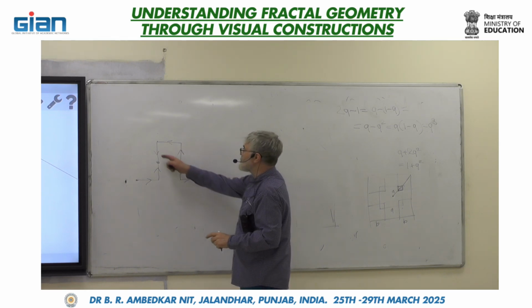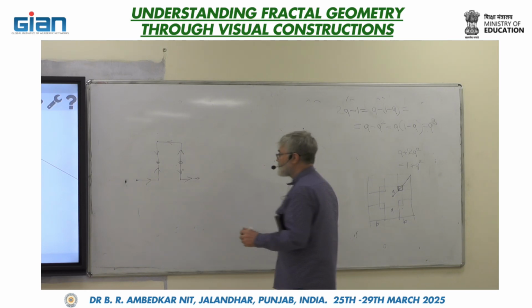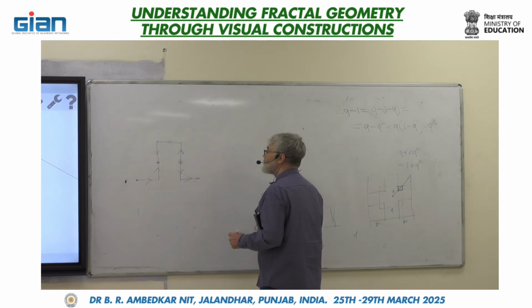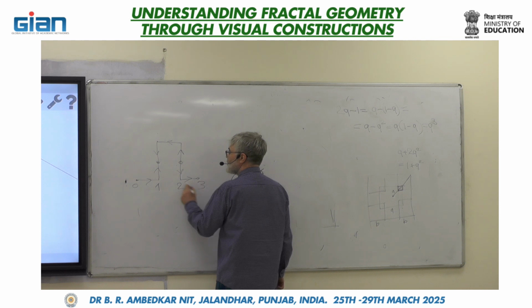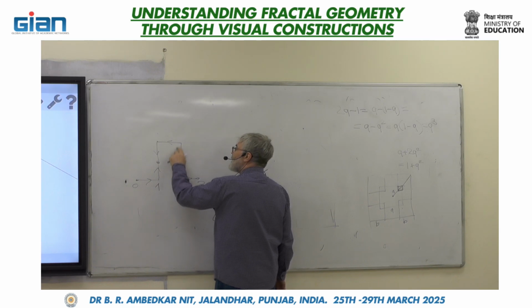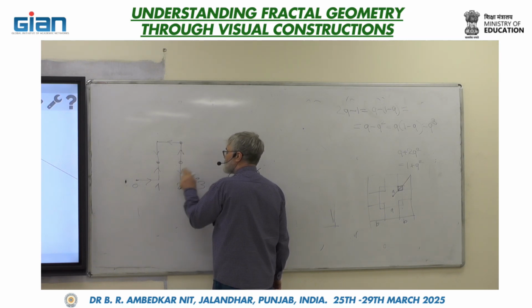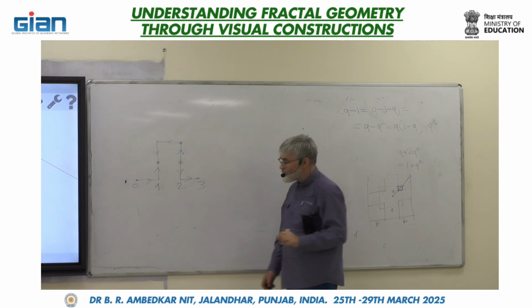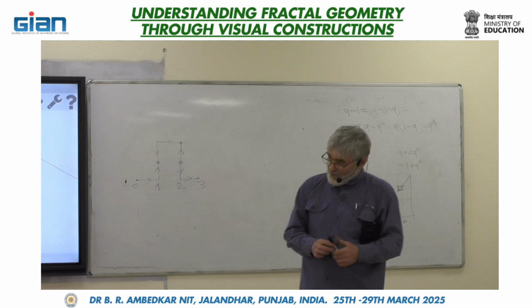It has 1, 2, 3, 4, 5, 6, 7 copies. This will be 0, this will be 1, this will be 2, this will be 3. You see, the signature is 0011100. And it will give a very interesting result.